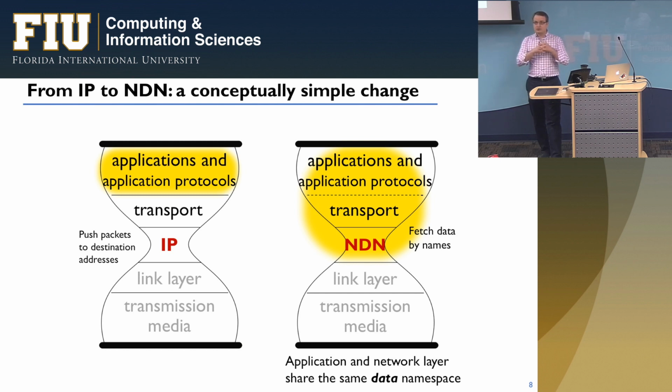So what is the idea? What we're trying to introduce with Named Data Networking is to keep that hourglass shape of the internet architecture, still have one foundation that will be a networking layer for every application and sit on top of any type of link layer.